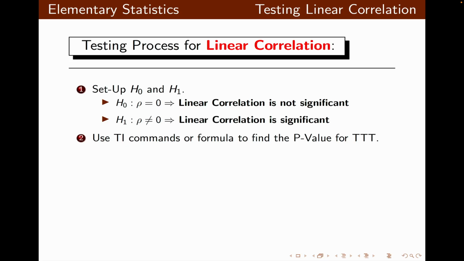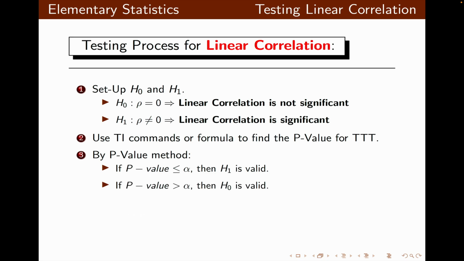We're going to use TI commands or a formula to find a p-value for a two-tailed test. By the p-value method, if the p-value is less than or equal to alpha, then H1 is valid, meaning linear correlation is significant.